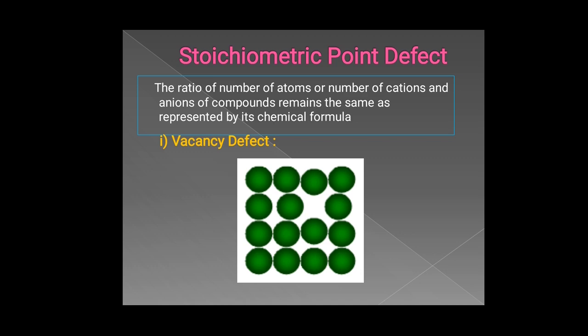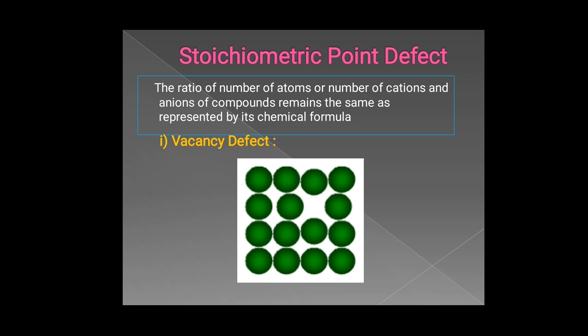Suppose there is a crystal of NaCl. If we consider the crystal lattice of NaCl, the three-dimensional structure of that crystal will have particles of Na+ and Cl-. They will be alternately arranged, like Na+, then Cl-, then Na+ and Cl-.